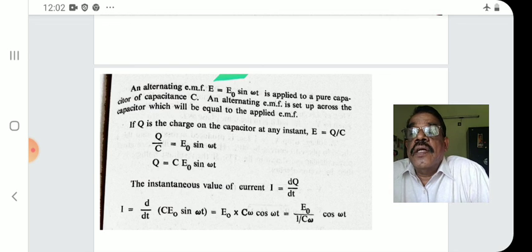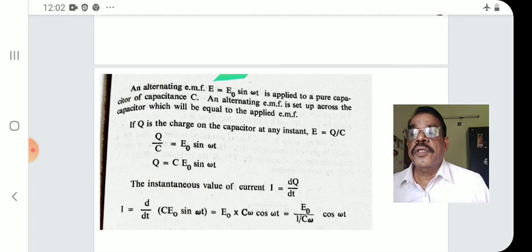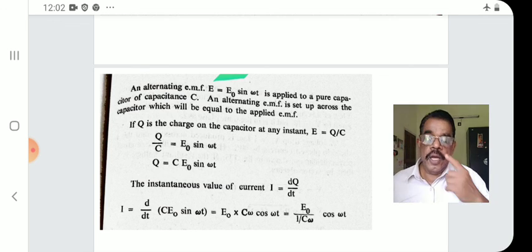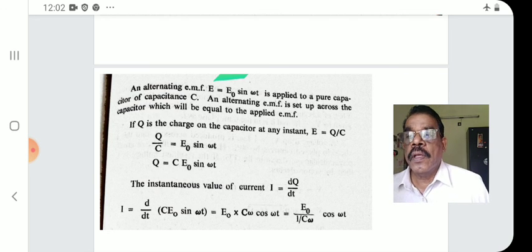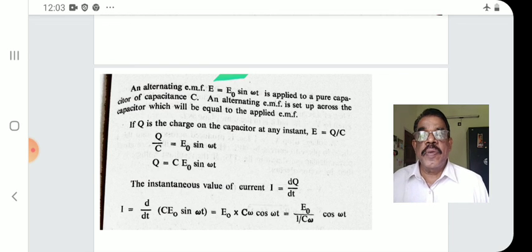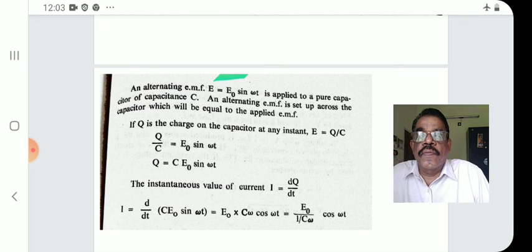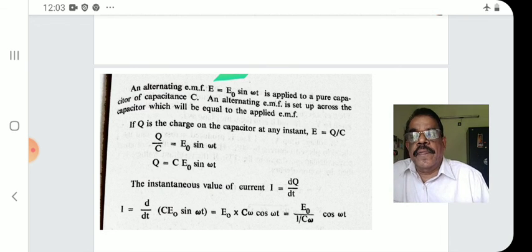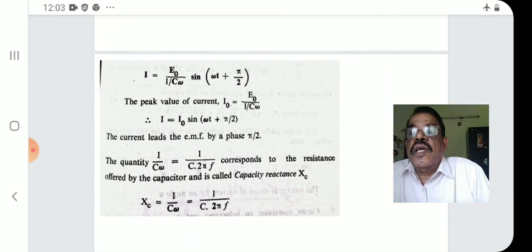The instantaneous value of current I is equal to dq by dt. On differentiation, we get I equal to E0 C omega cos omega t. C omega we write in the denominator as I is E0 by 1 by C omega, to show it is in the form E0 by R. The cos we can write as sin of theta plus pi by 2 in that manner. So I equals E0 by 1 by C omega, sin omega t plus pi by 2.